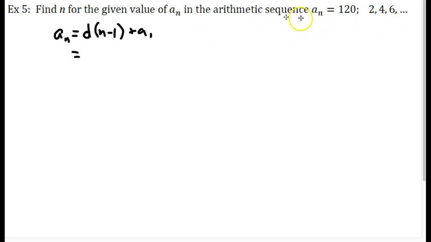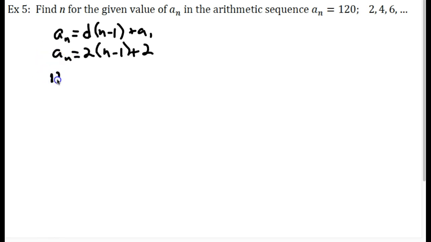I can see my common difference is 2, so 2 times n minus 1 plus a sub 1, which is also 2. Now I want to say that my a sub n is 120.